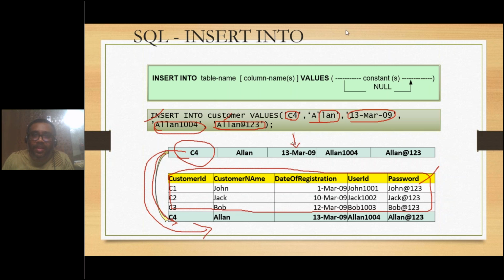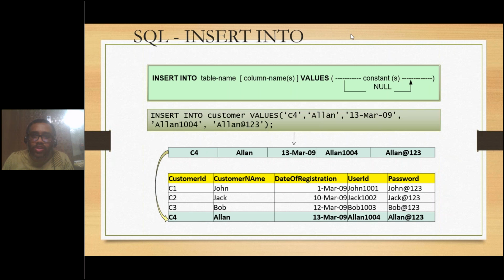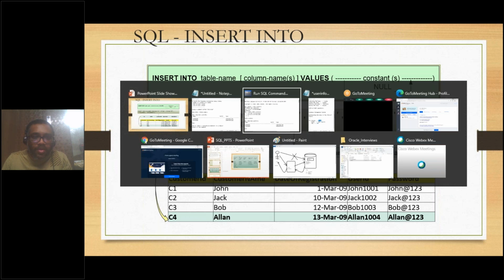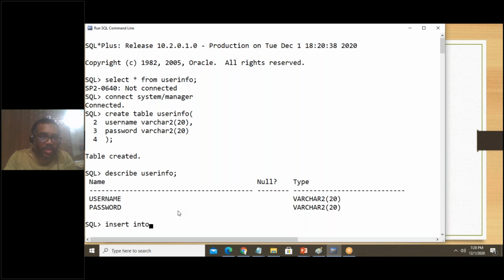Let's apply this insert to our table. Insert into user info values. Username is the first one. Which type is this, students? Varchar. Remember one thumb rule: whenever you are inserting any string type of data, that data must be enclosed in single quotes.